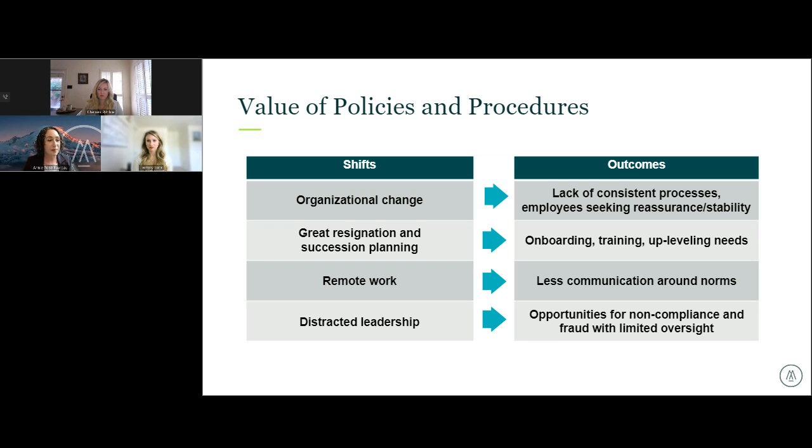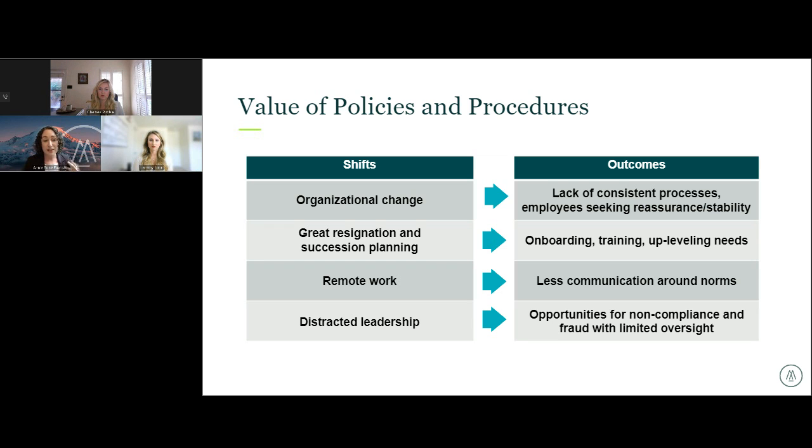We're also seeing impacts of the Great Resignation, when a lot of folks are leaving organizations or retiring out of organizations, and there's a need to think proactively about how we are preparing our organizations for major staffing shifts and turnover. When you do see a lot of turnover happening, there are 2 pieces to that.